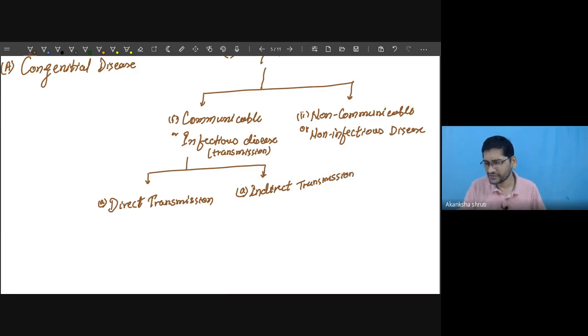Direct transmission means once you come in contact with the person, then it can occur to you directly. Like if the person has TB or asthma, and you come in contact with that person, then the droplets coming from his mouth will enter your nose, and that causes asthma and TB to you also.